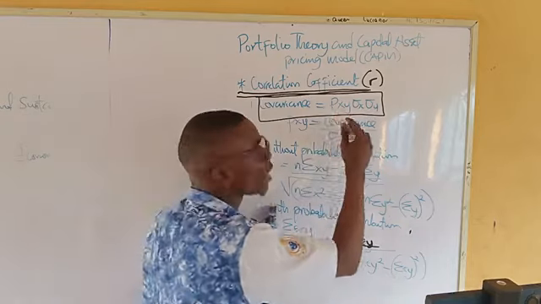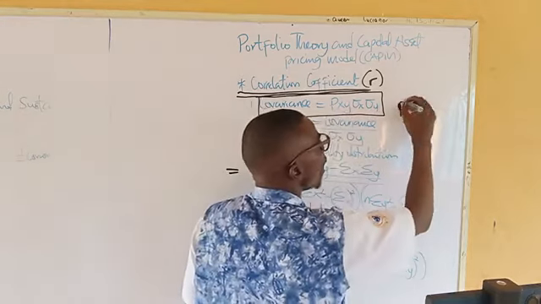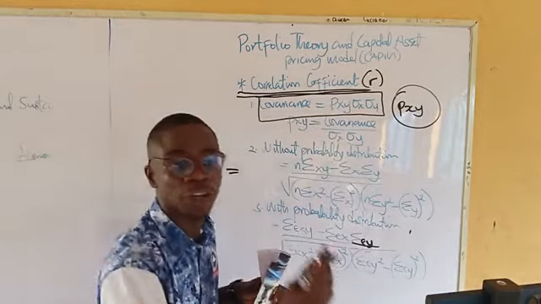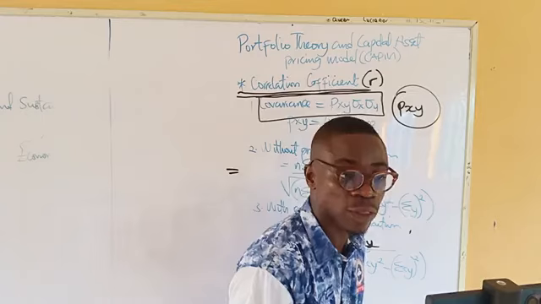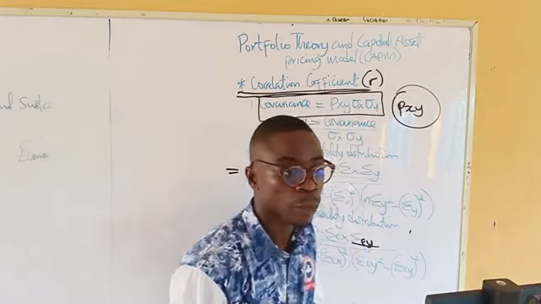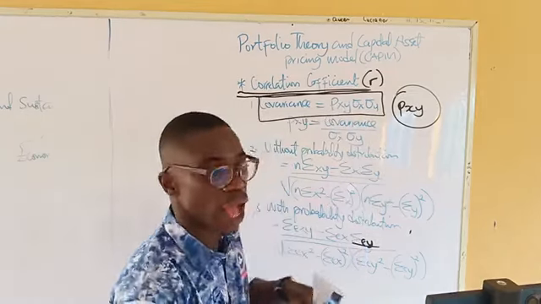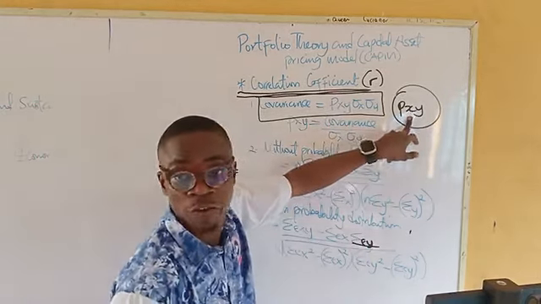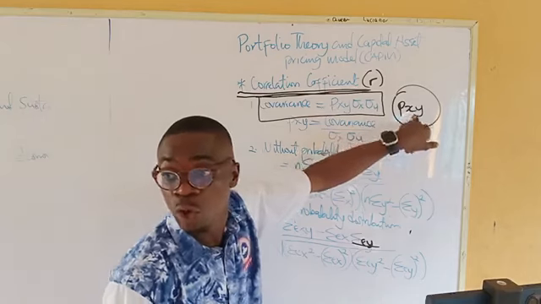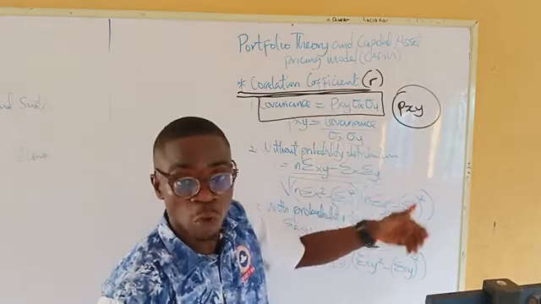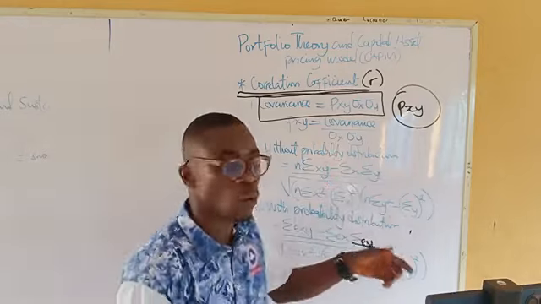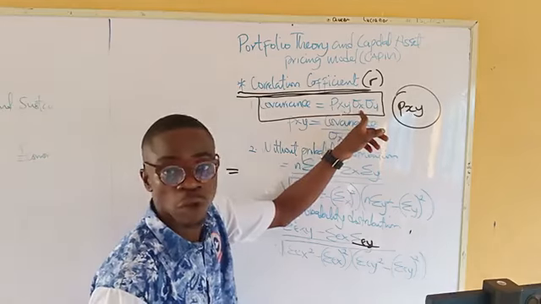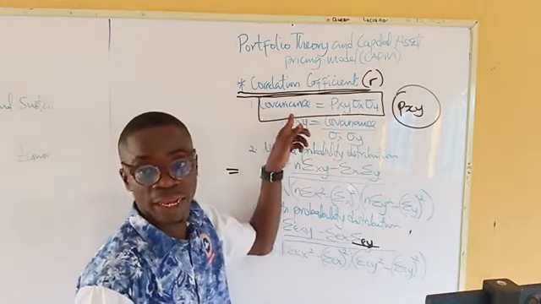But I told us that this PXY stands for the correlation coefficient of x and y. So from there, just make the correlation coefficient, which is PXY, the subject of the formula. When you make it the subject, this will stand and this will move to this side.